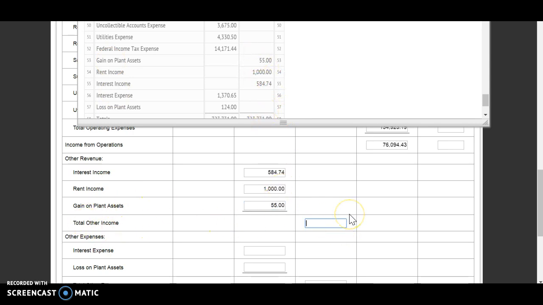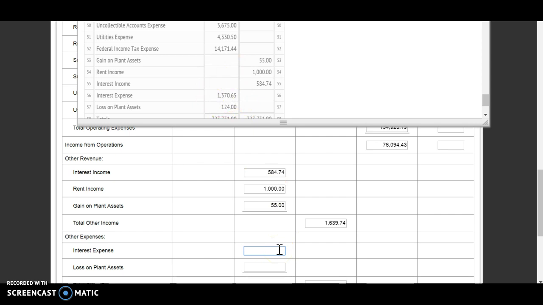My total other income then, I'm going to simply add those numbers together. So my total other revenue is $1,639.74. Next, I'm going to figure out my other expenses. And those are these down at the bottom of my adjusted trial balance.